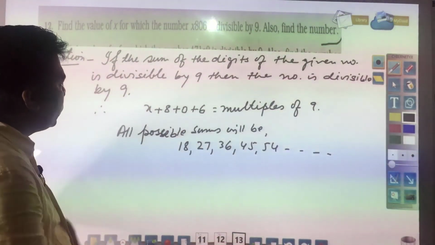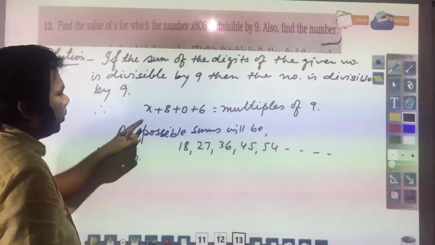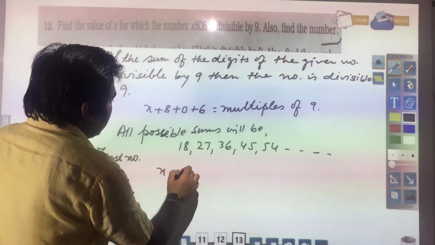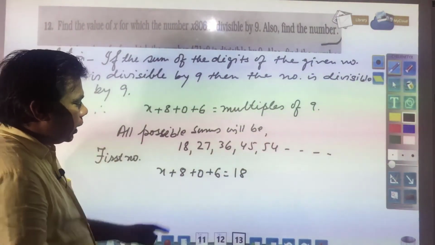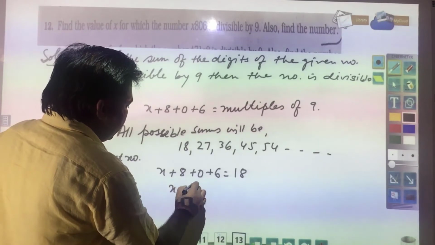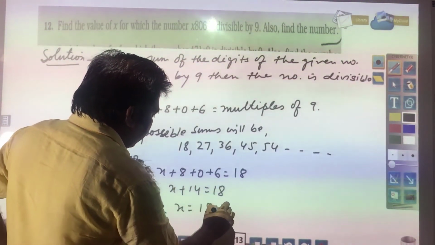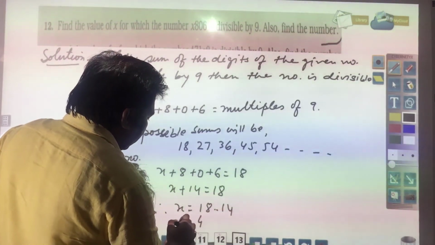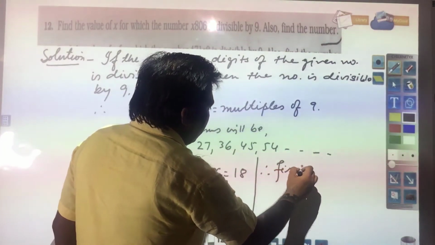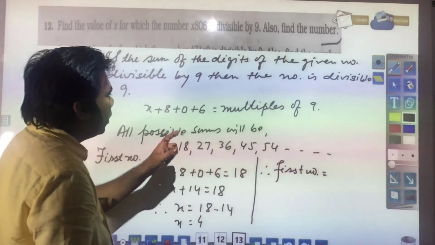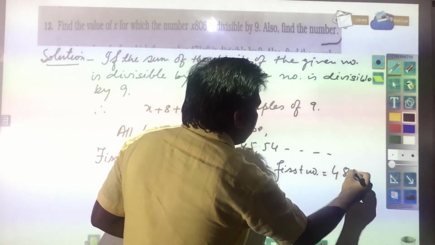Now we need to see the first number. First, x plus 8 plus 0 plus 6 is equal to 18. Now, you see x plus 14 is equal to 18, and therefore, x will be equal to 18 minus 14, it means 4, x is equal to 4, and therefore, the first number will be 4806.